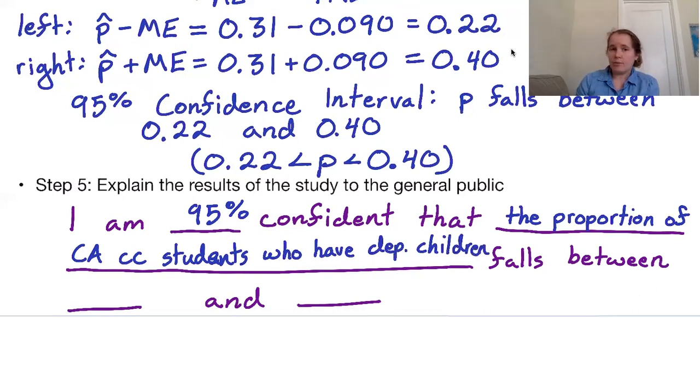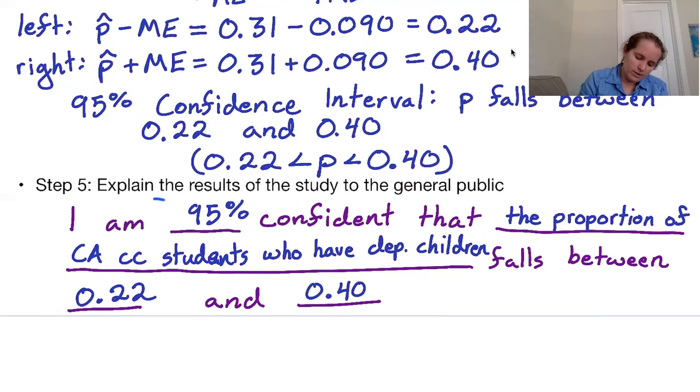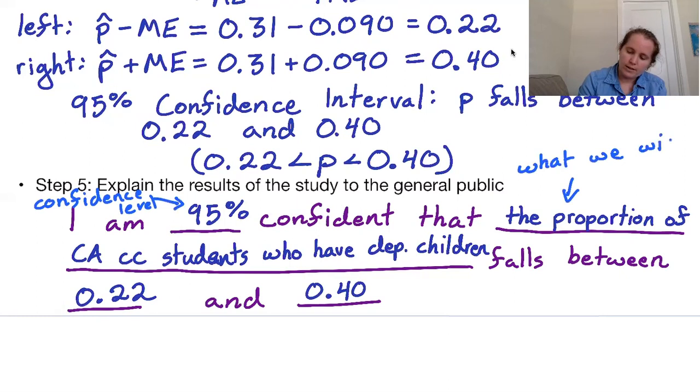Falls between precisely what we were just found. So 0.22 and 0.40. So again, this first is our confidence level. The second blank is what we were trying to estimate, or what we wish to estimate. And this is the left and right side of our confidence interval.